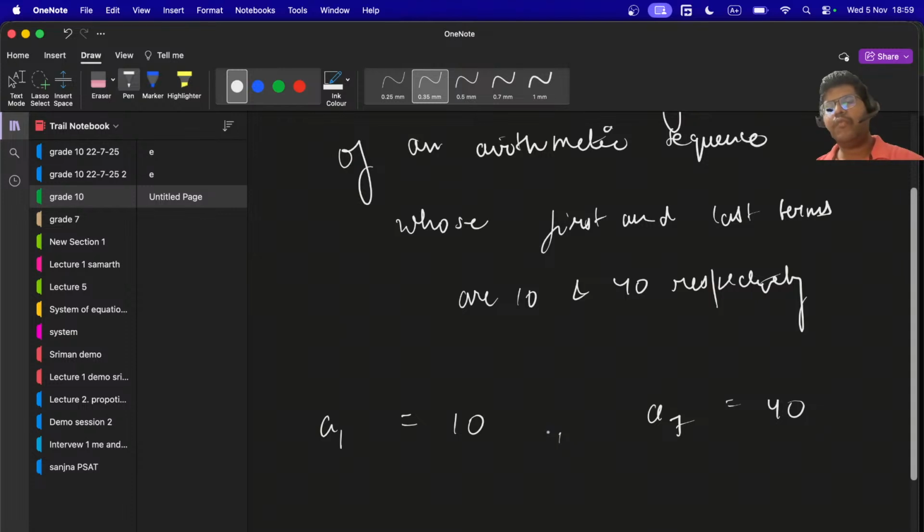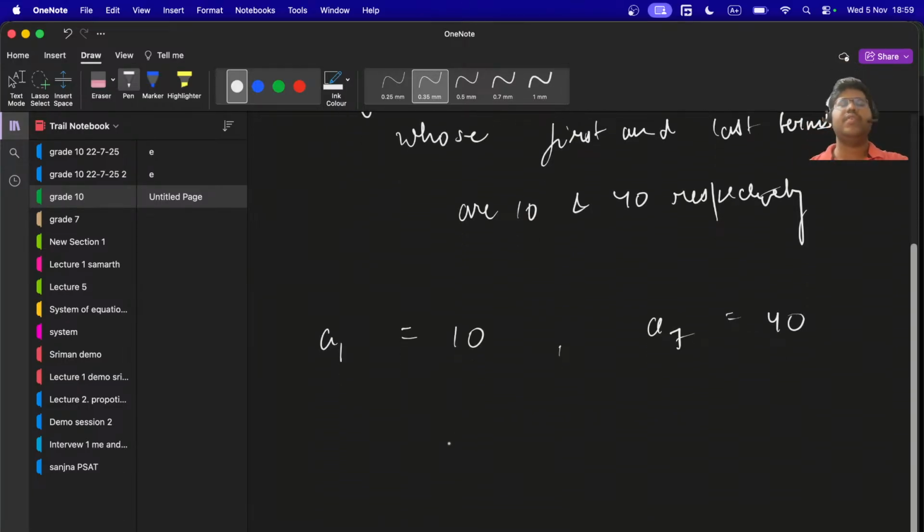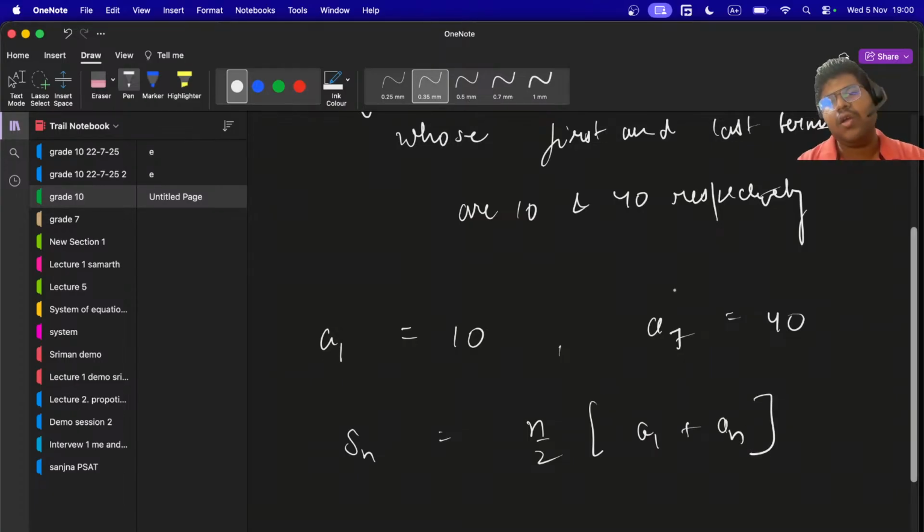And we know the formula for the sum, which involves A plus n minus 1 times d. I can reduce this formula to another formula, which is the sum of the first and last term divided by 2. So the formula would be n over 2 times A1 plus An. And here this A7 is nothing but An.